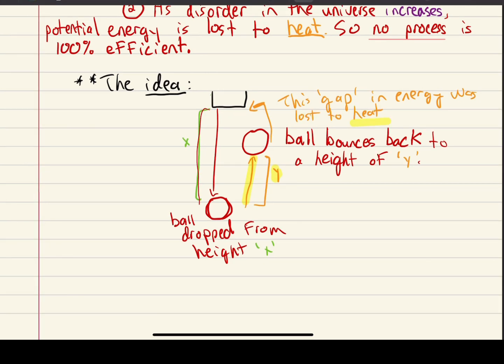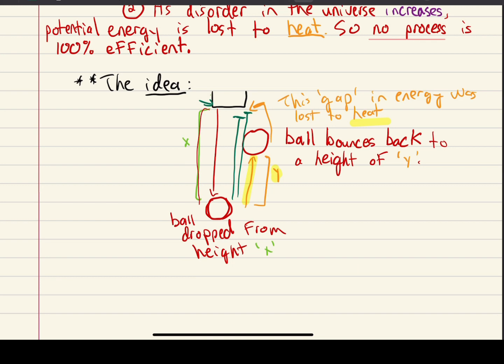And so while some balls might get close to the original height, they might go here, and another one might even go very close, it'll never actually go to the original height over here because some of the energy is always going to get lost to heat.